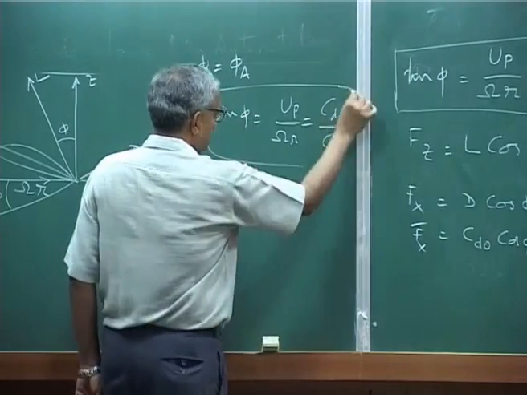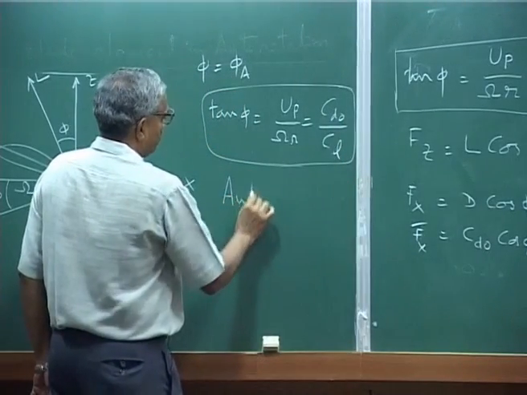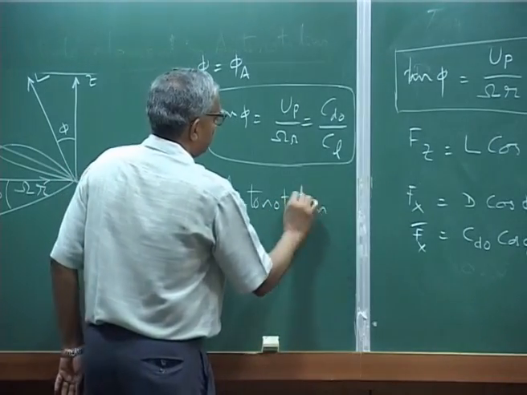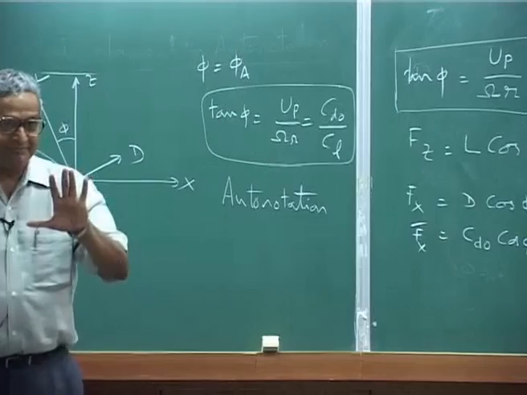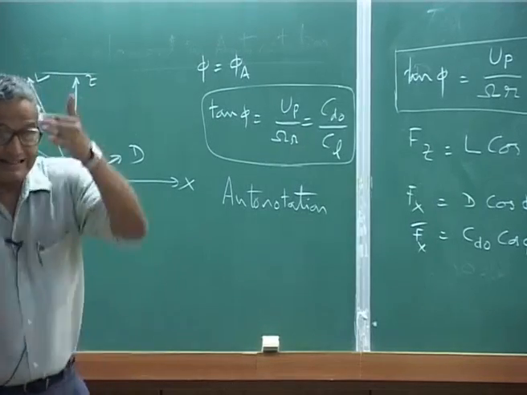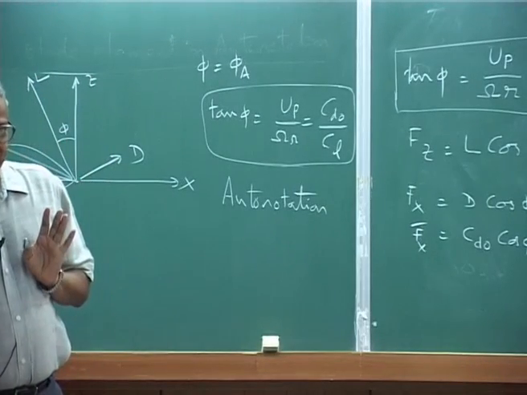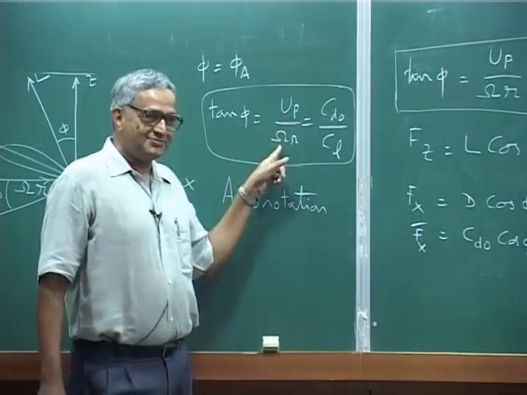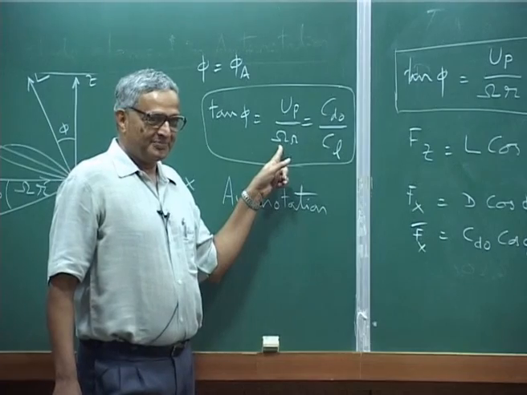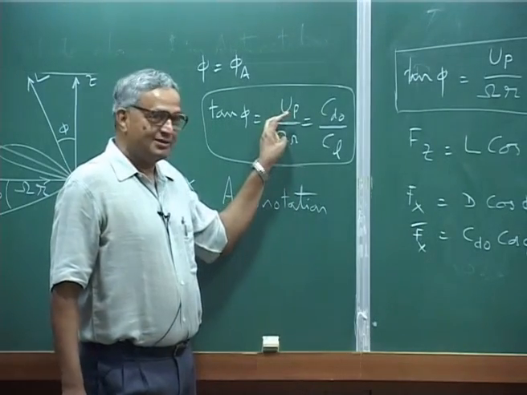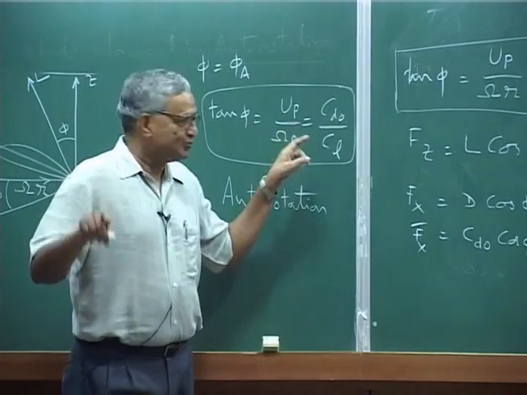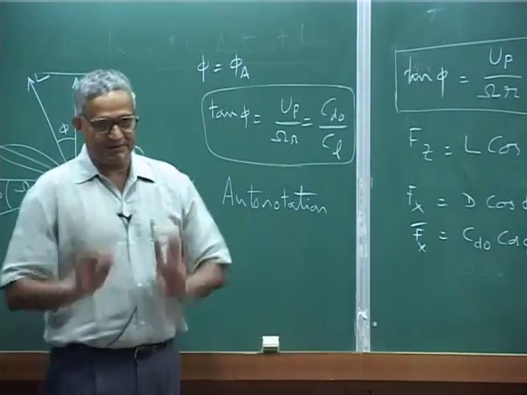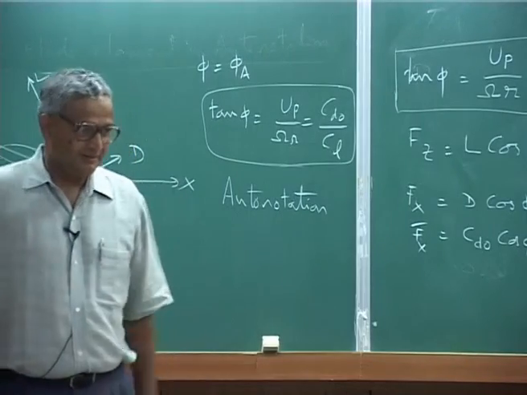This is the auto rotation condition for that element. Is it clear? I will always have some value for this. When this value is exactly equal to CD naught over CL, then I am in auto rotation.